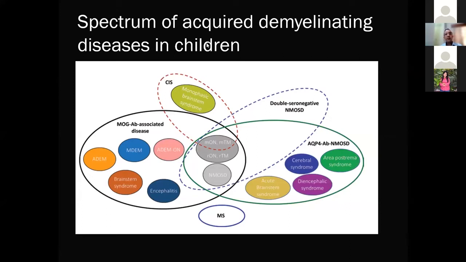In the spectrum of the acquired demyelinating diseases, the clinical phenotype and the neurological features have significant overlap, and various imaging spectra may help in predicting a particular acquired demyelinating disease in children.